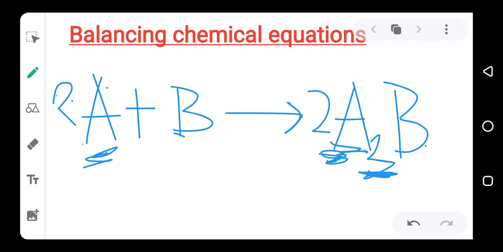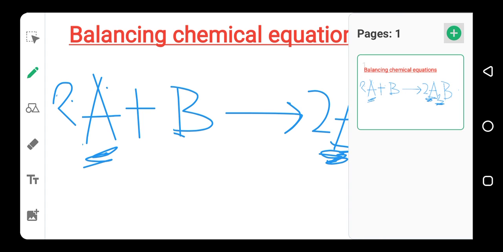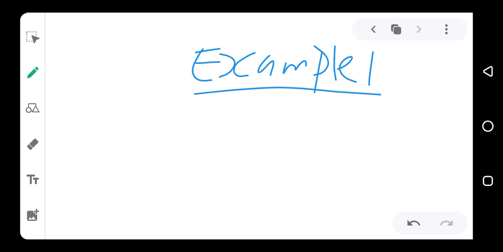Now let's look at some examples to make it clearer.